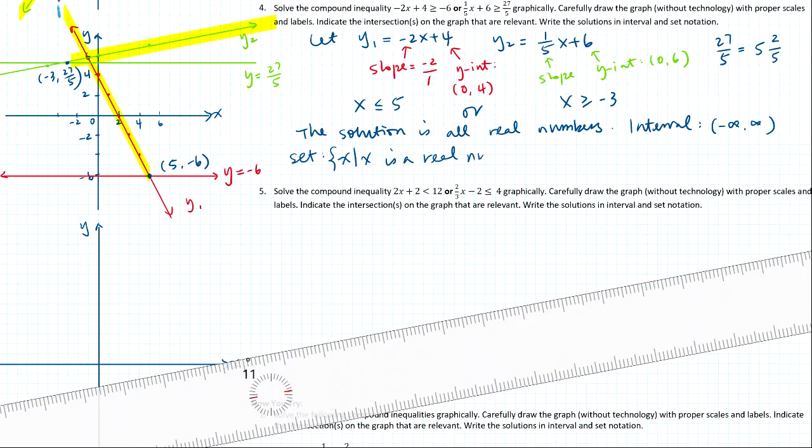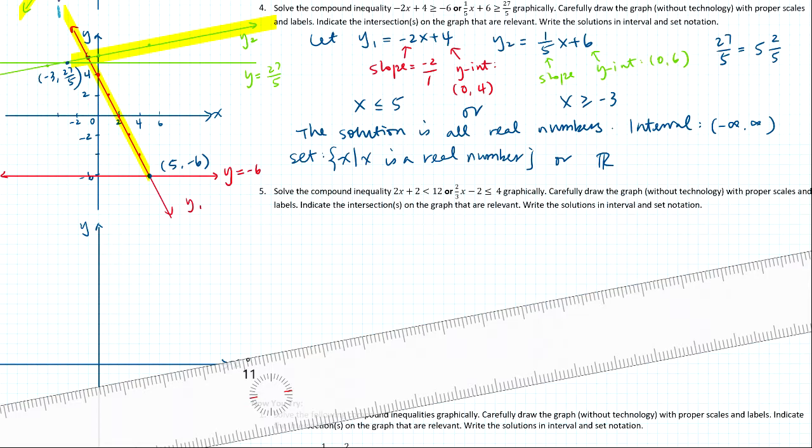You can write out the sentence like this, or you can say x is just all real numbers. It's in the set of all real numbers, with this fancy looking R representing this, and that will be our solution in this case.